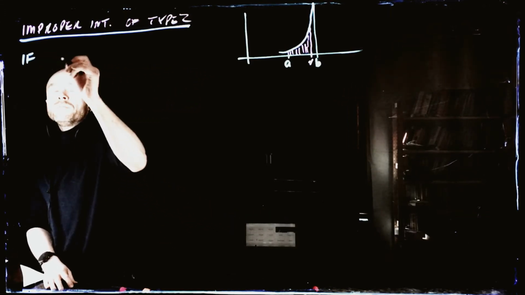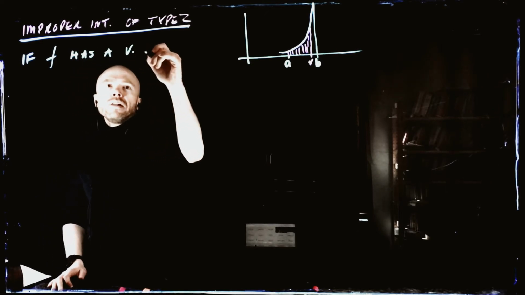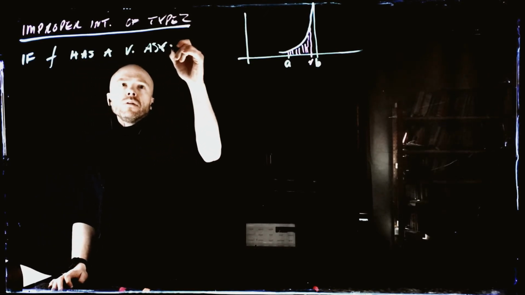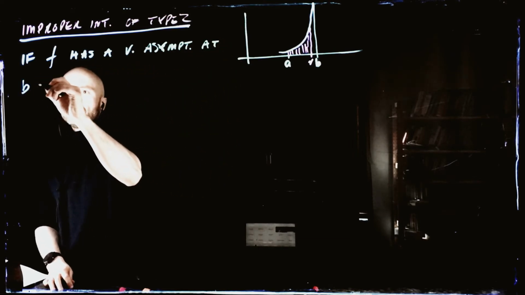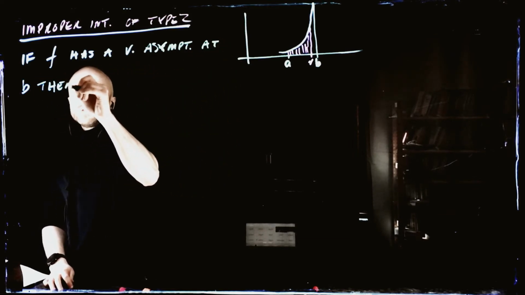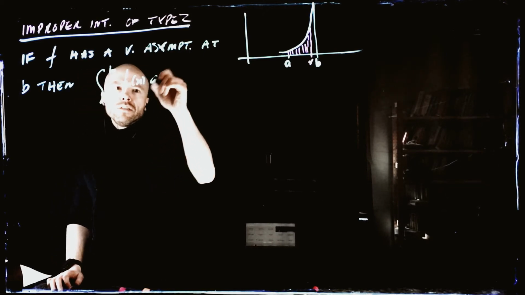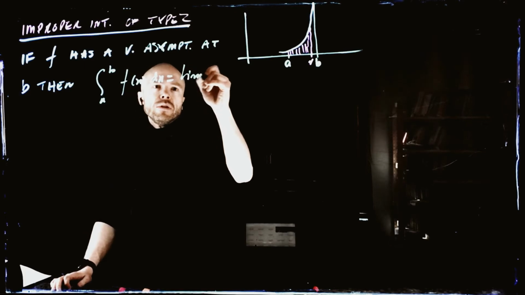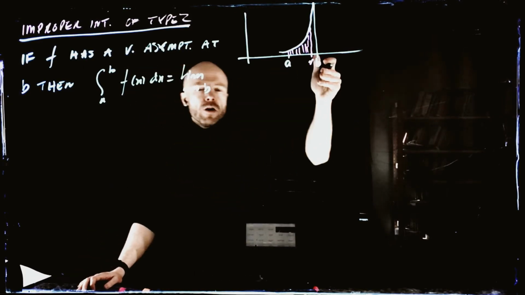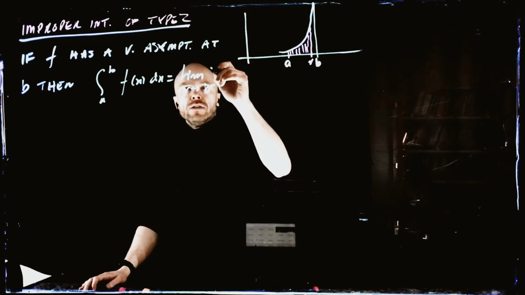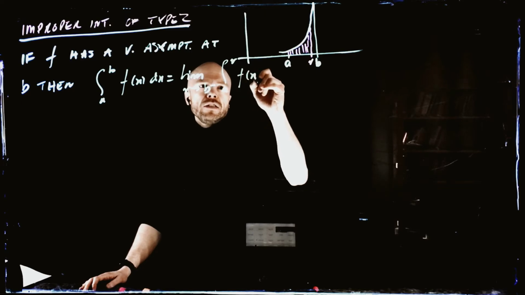So if f has a vertical asymptote at b, then I've got to define the integral from a to b of f of x dx to be the limit as r goes up to b, so it's going up to b from the left-hand side, so I'm going to put b minus here, of the integral from a up to r of f of x dx.